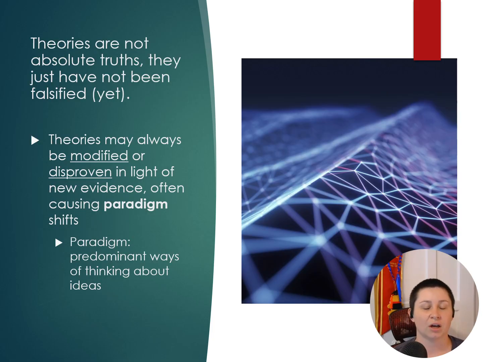So theories are not observable truths. They just haven't been falsified yet. They may always be modified or disproven in light of new evidence, often causing paradigm shifts. So a paradigm is kind of a predominant way of thinking about ideas.